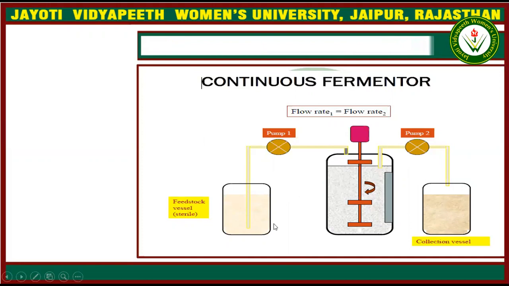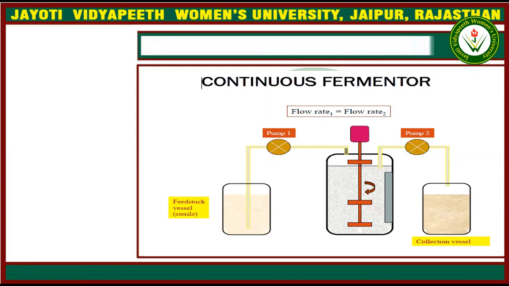So the flow rate of inlet is equal to the flow rate of outlet, and the flow rate will depend on two things, chemostat and turbidostat. What is a chemostat? Chemostat is the adding of nutrient at a regular time.